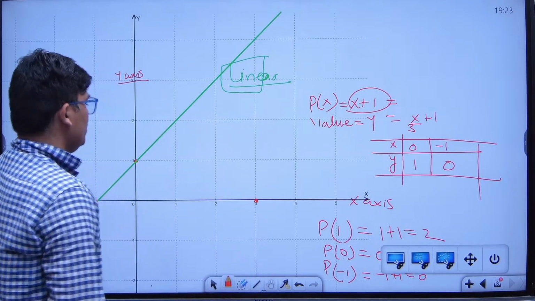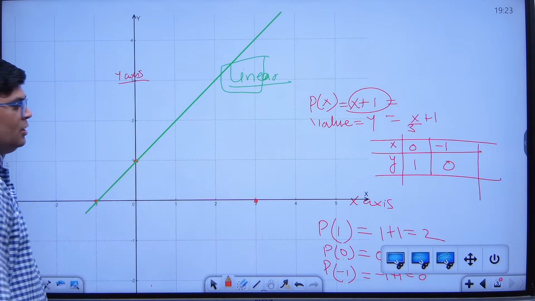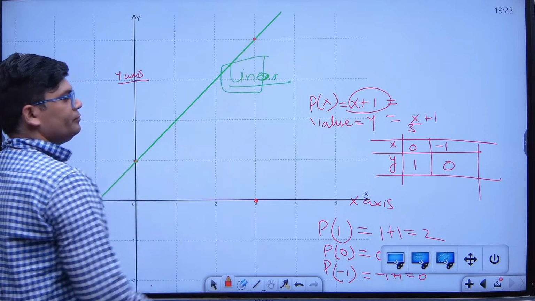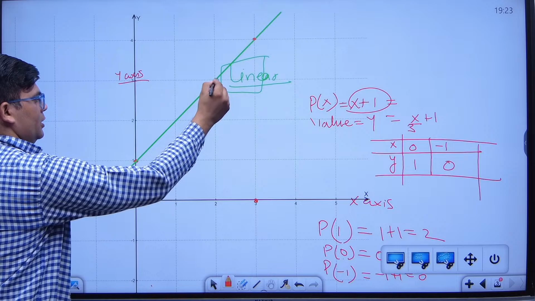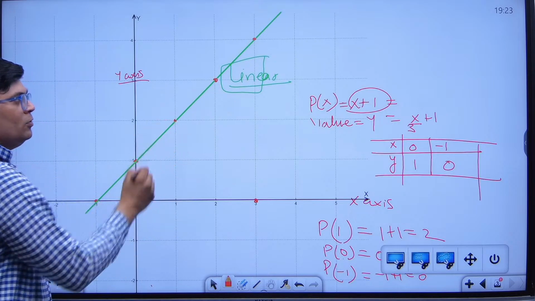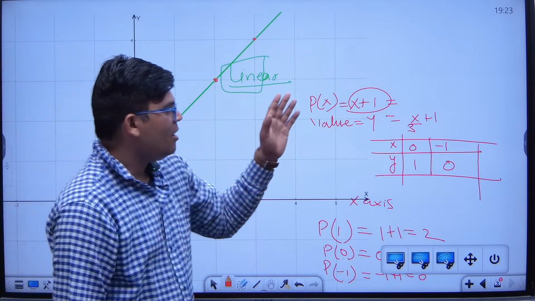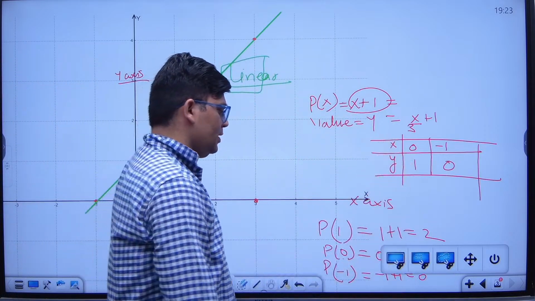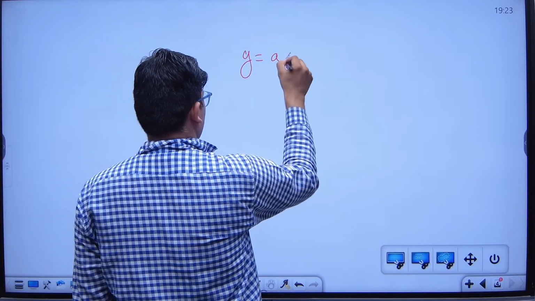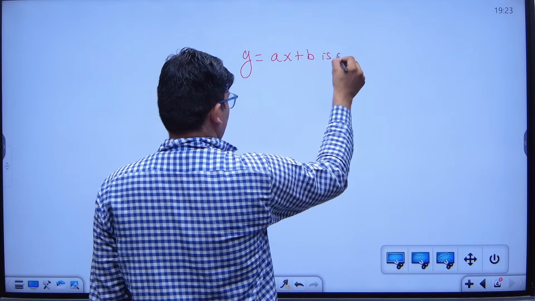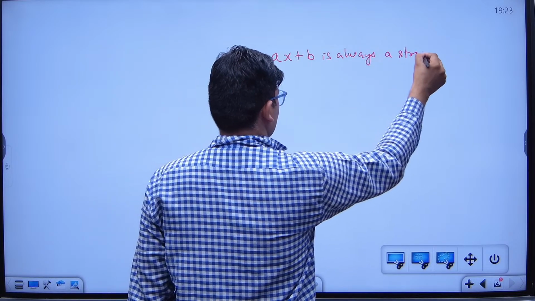Check this out. When x is equal to 3, what is y? 4. When x is equal to 2, what is y? 3. When x is equal to 1, what is y? 2. Are they all falling on the same line? So the graph y is equal to ax plus b is always a straight line.